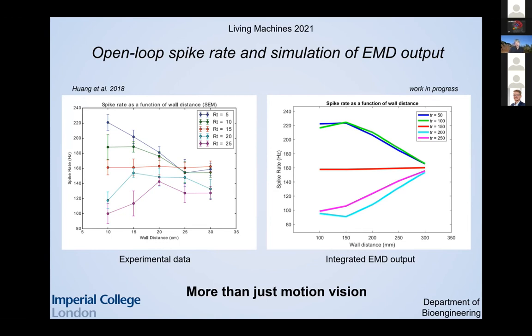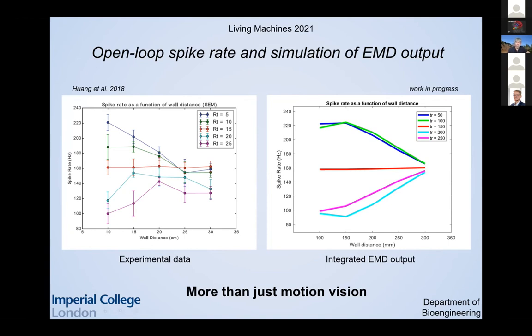And what you can actually do is basically compare the plot on the left-hand side with the model simulation, which basically assume that we have elementary movement detectors with horizontal preferred directions, analyzing directional motion, and then integrating all the signals along the eye equator to result in an output activity of a simulated neuron.